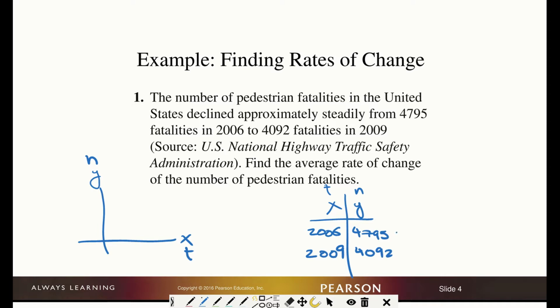So notice that this will represent n1, this will be n2, this is representing t1, and this will be t2, right? So that when we use the formula, we're going to use it in that order. Let's take a look at that in the next screen.